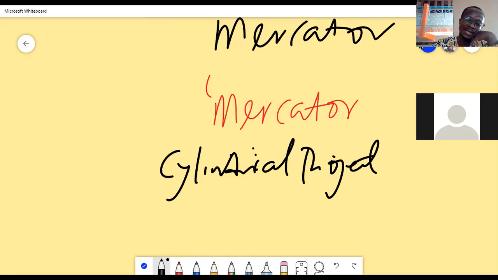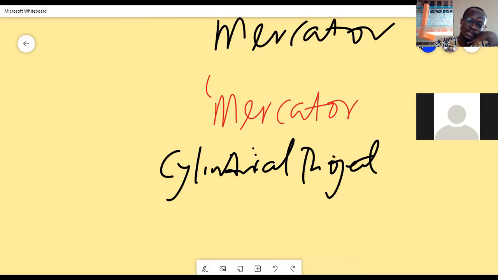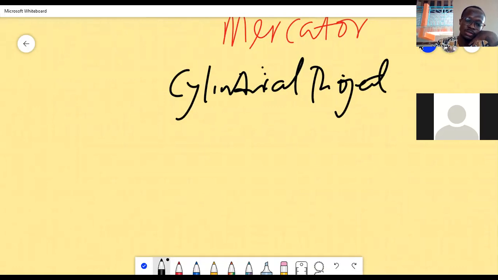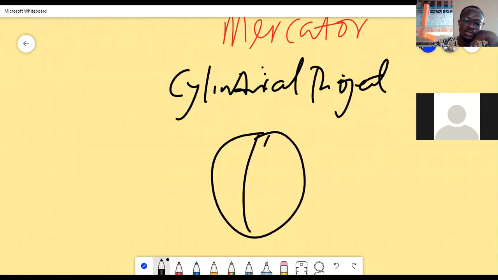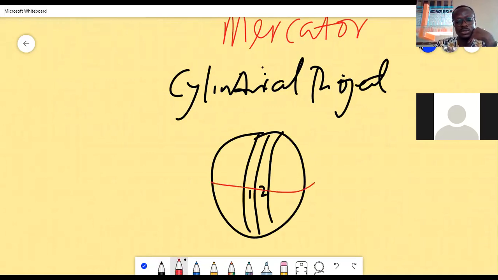So it divides the Earth into 60 zones. If you draw the Earth and divide it up into 60 zones, this is zone 1 and then zone 2, and you go on and on, and you come back, that'll be 59 after you've gone around and come back.